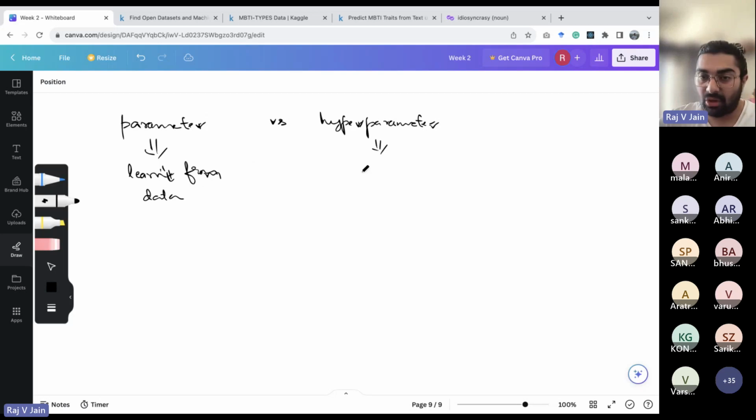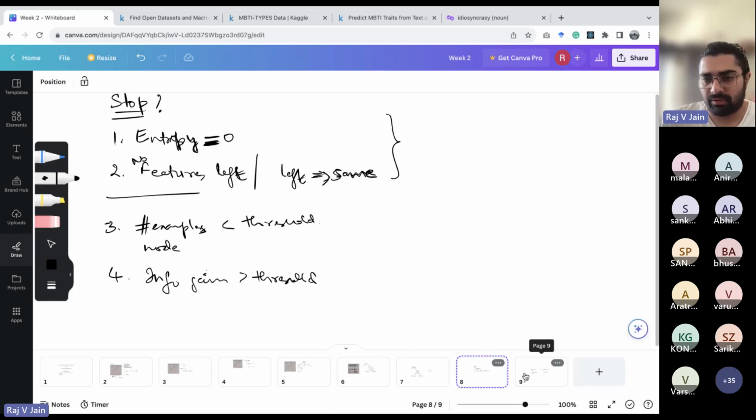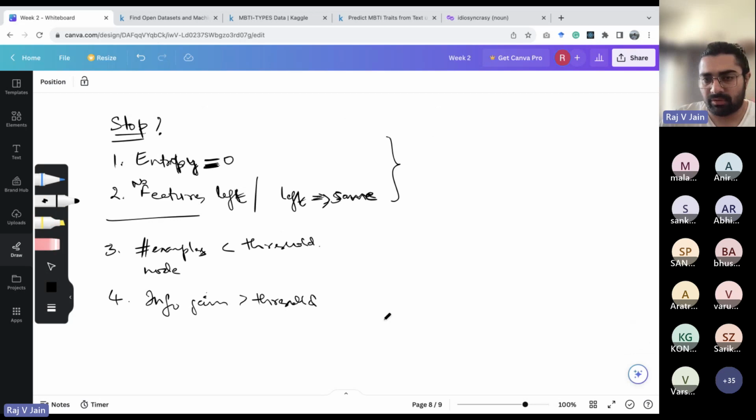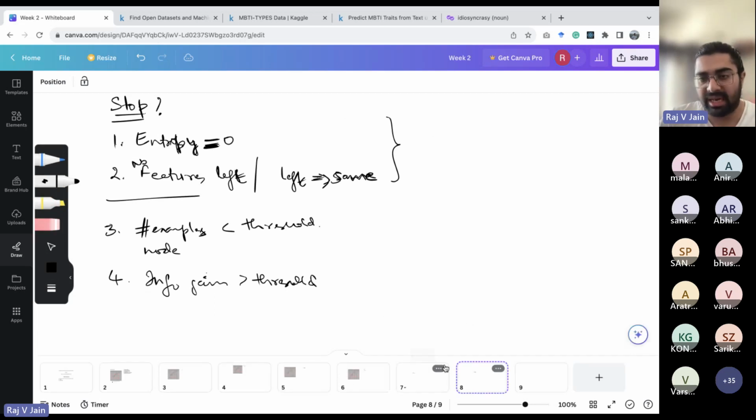A hyperparameter is something that cannot be learned from the data, at least not reliably. Sometimes there is just no way to learn it. That's one possibility. The other possibility is it's not reliable for multiple reasons. So in our previous example, the thresholds we just discussed are generally not learned from the data at all.